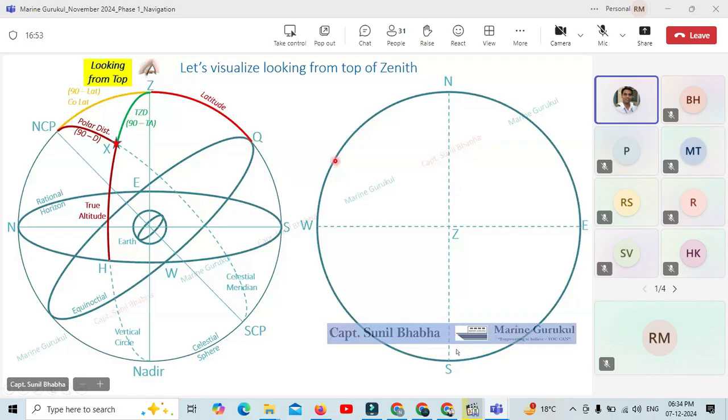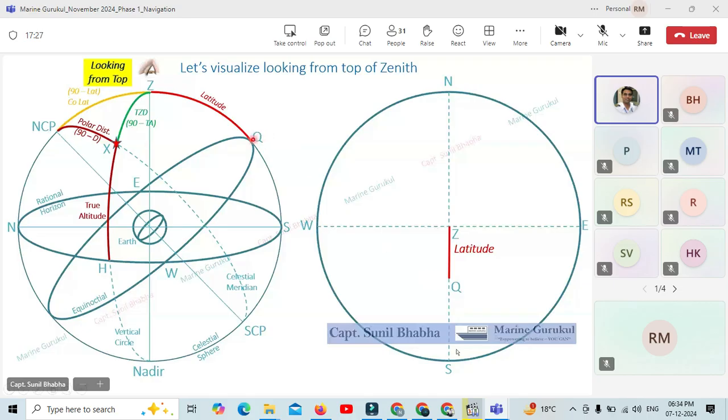From the zenith towards the south point, we moved an arc or distance equal to the latitude, and we reached the Q point. So this Q point represents the Q point here in this diagram.